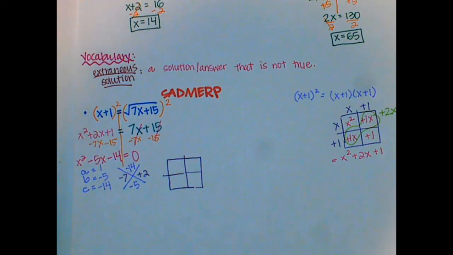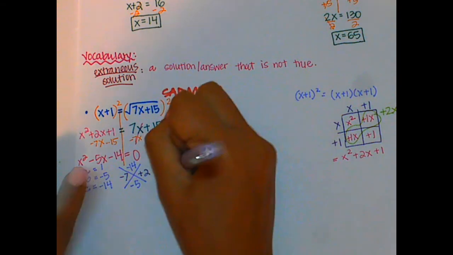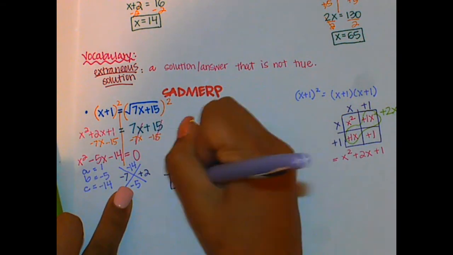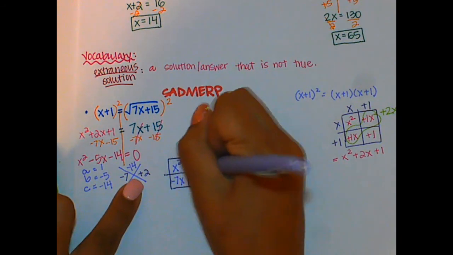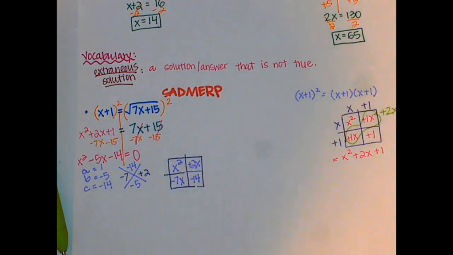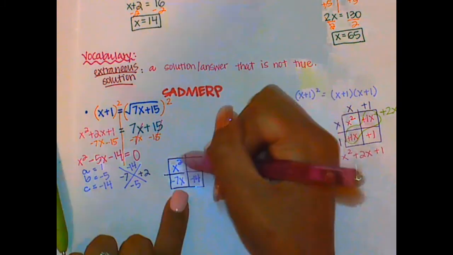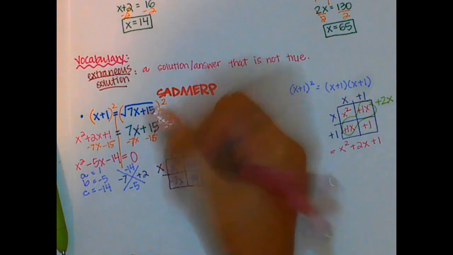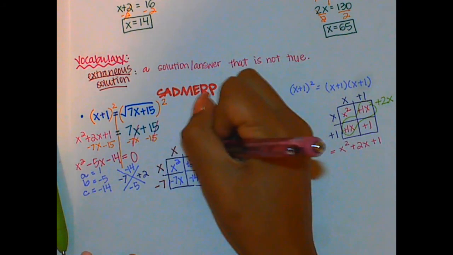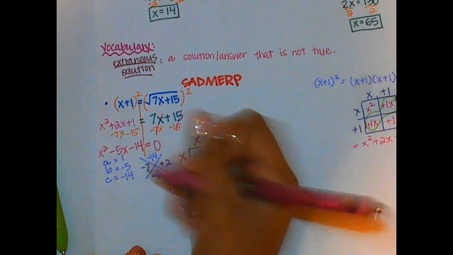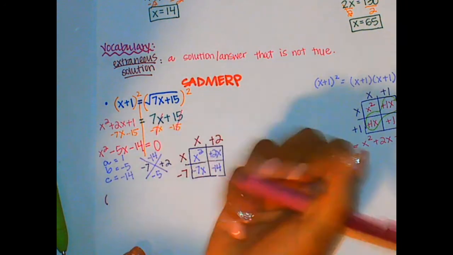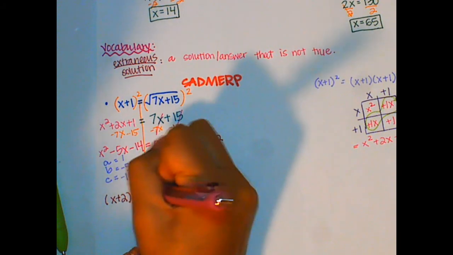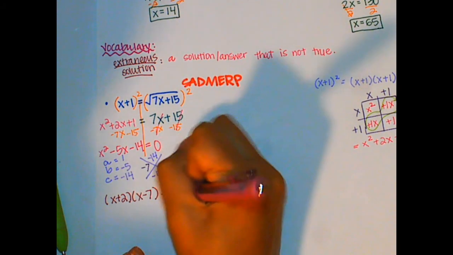My first term is x squared. My last term is negative 14. Then I get a negative 7x and a plus 2x. Pull out my GCF. I get x, which leaves me with an x here, minus 7 plus 2. So I can rewrite this as x plus 2, x minus 7 is equal to 0.